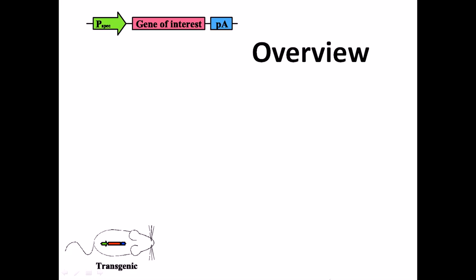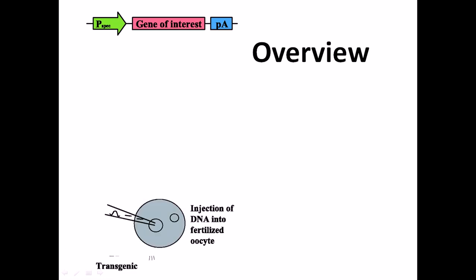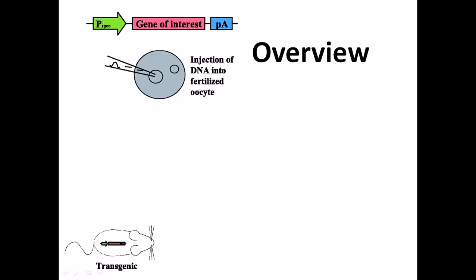So in this case, this mouse over here will be called the transgenic mouse because we transferred a gene from outside inside this mouse. So how can we do that? For the general process, we need an embryo, because the embryo, which is a fertilized oocyte, carries all the potential to develop into a mouse, right?